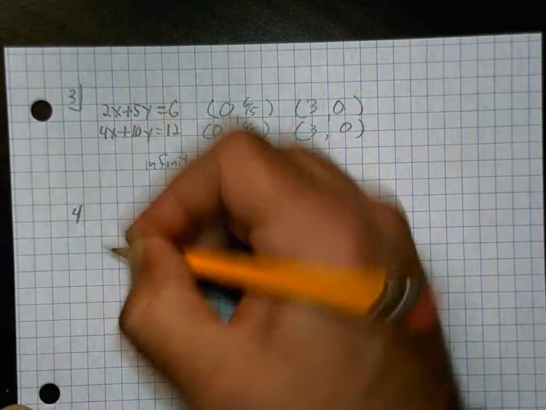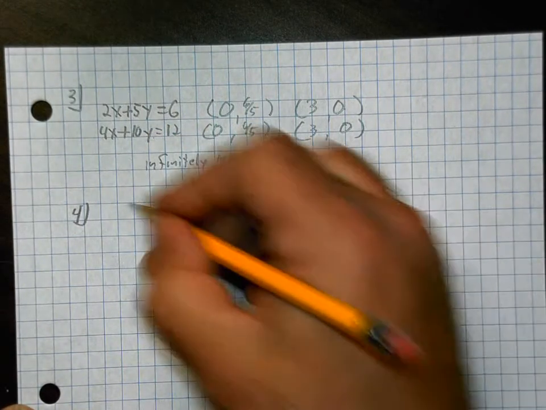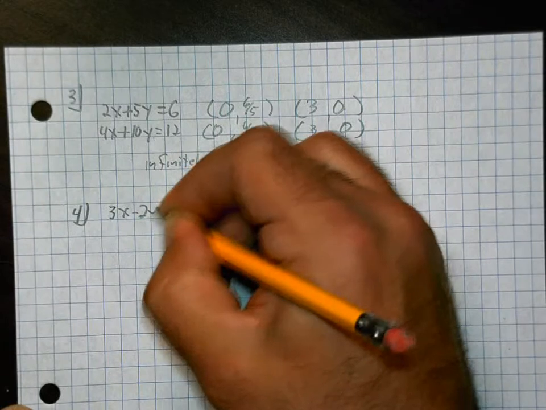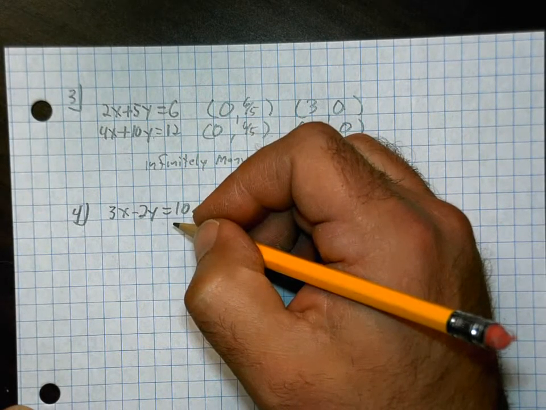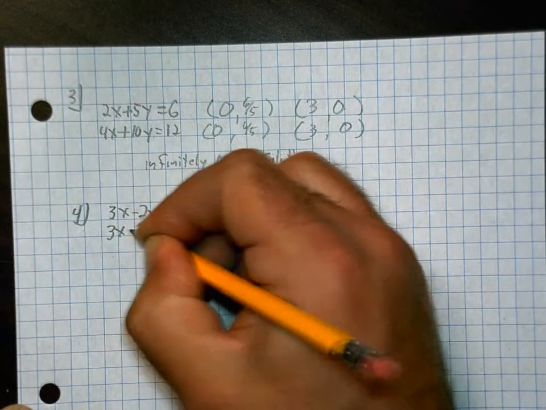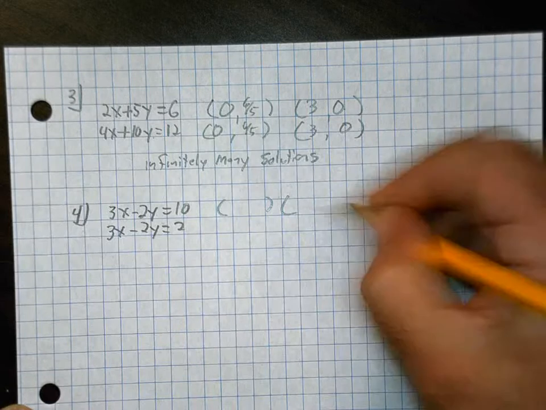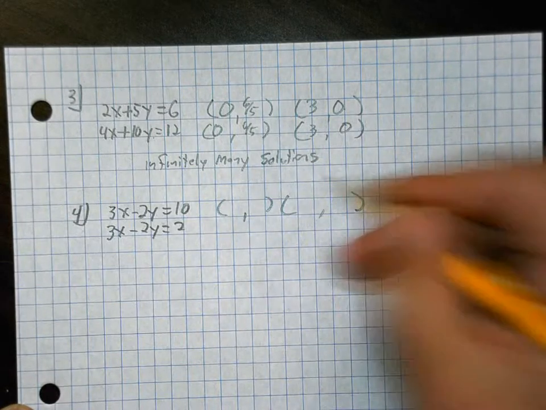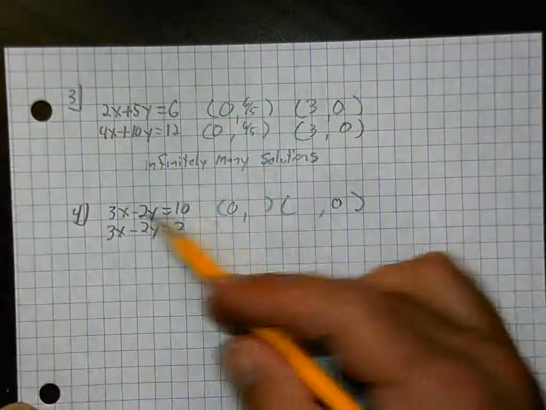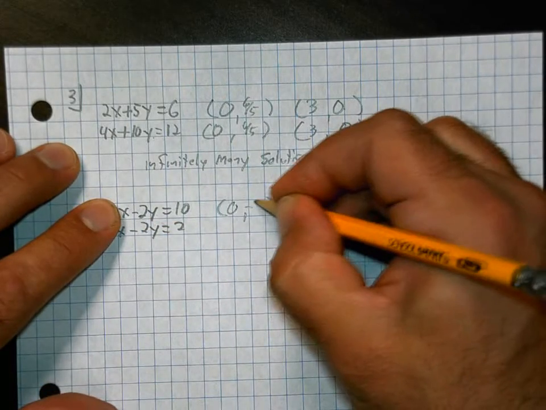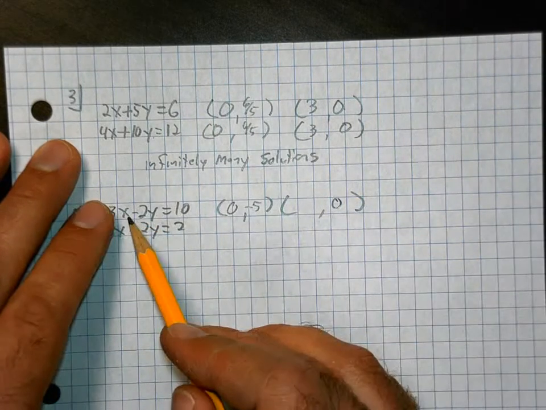So let's check the next one, the last problem. 3x minus 2y equals 10, and 3x minus 2y equals 2. Okay, let's find the intercepts. Plug in 0 for x, I get negative 5.